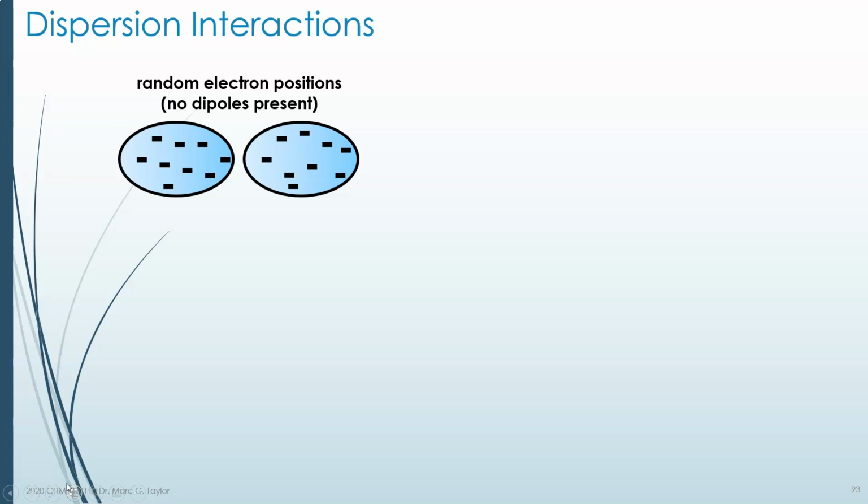Here are two ovals. We'll make believe the two ovals represent two whole molecules. And these molecules have atoms and they have bonds, but we're not going to worry about that. Just think of it as a collection of electrons that are moving around. And we have two different molecules. They're both nonpolar. They don't have sides that have more electrons than the other, but the electrons do move randomly.